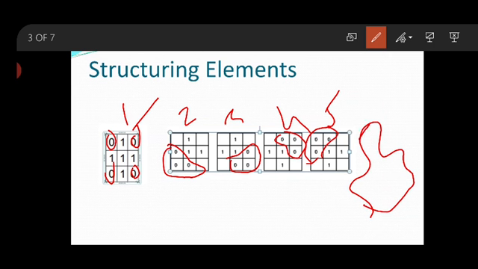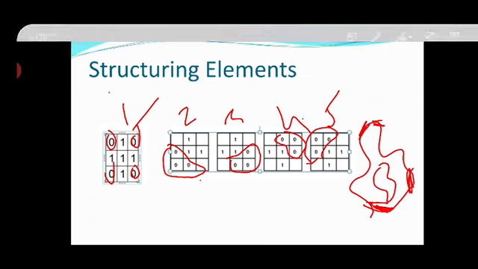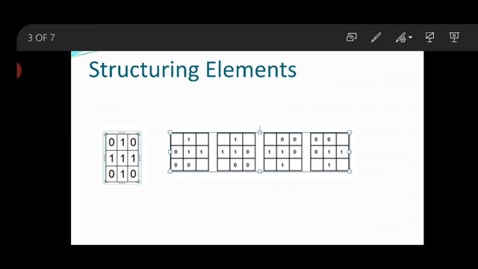If you are interested in the boundary here, we use the 4th one. Similarly, for this region we use the 3rd structuring element. And if you are interested in the middle of the image, we use the 1st structuring element for the purpose of image boundary detection. We will come to know how to use them.